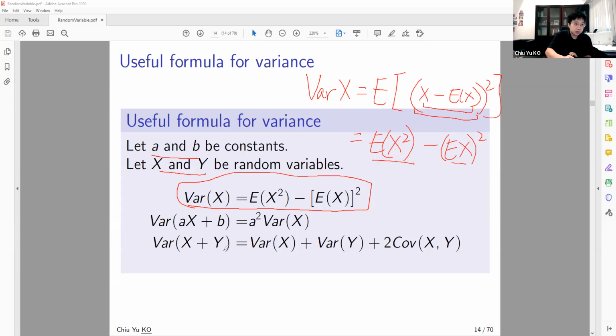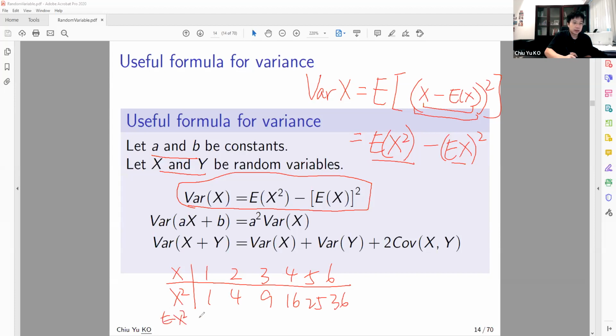Let me give an example. Suppose, go back to rolling a die, right? X will be 1, 2, 3, 4, 5, 6. X squared will be 1, 4, 9, 16, 25, 36, right? Then what is expected x squared?